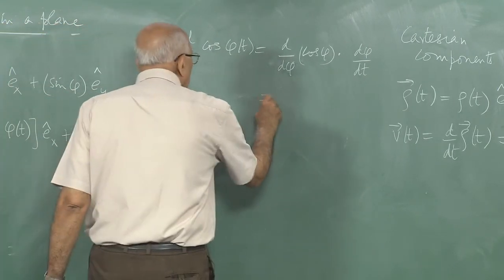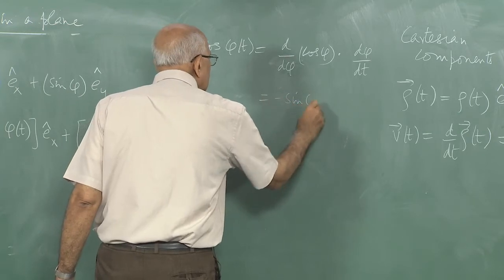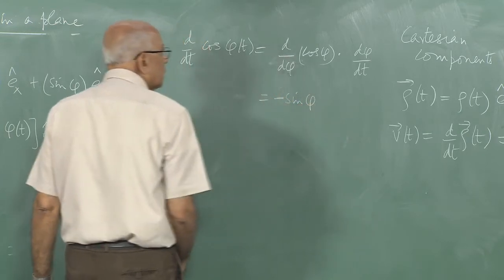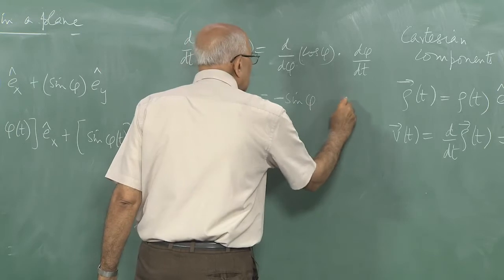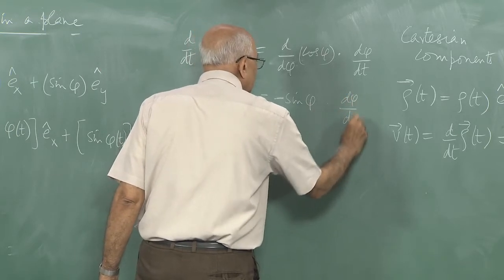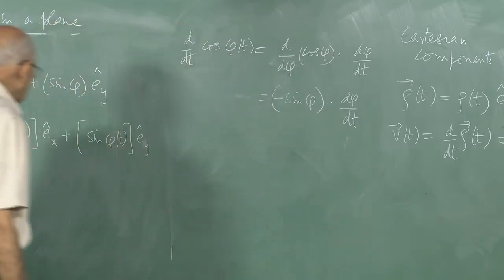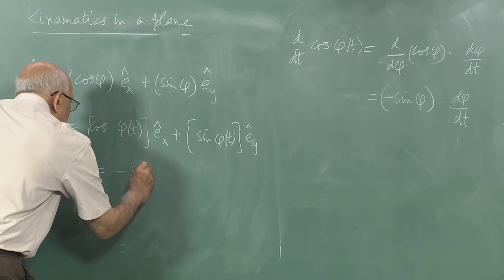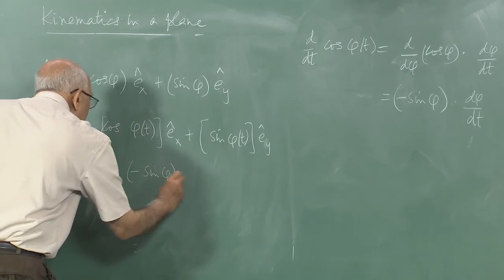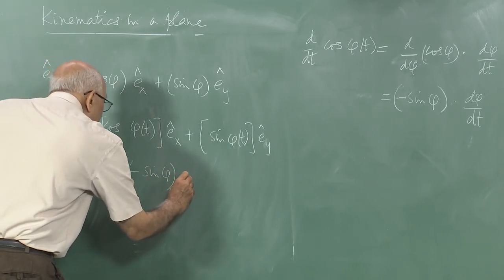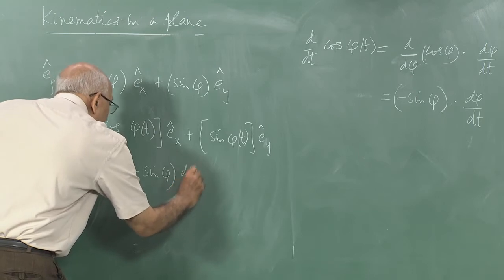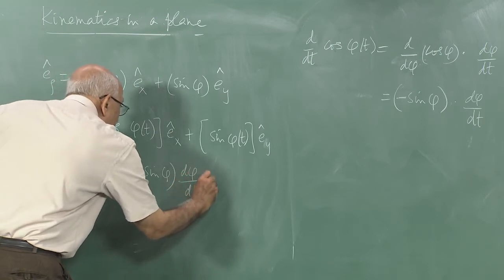This is equal to minus sine phi, because the derivative of the cosine is minus sine phi, multiplied by d phi over dt. If I use that here, this becomes minus sine phi times d phi over dt times Ex.